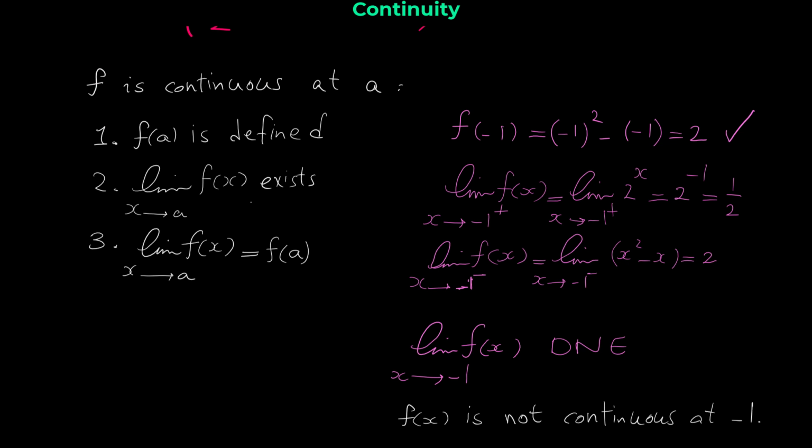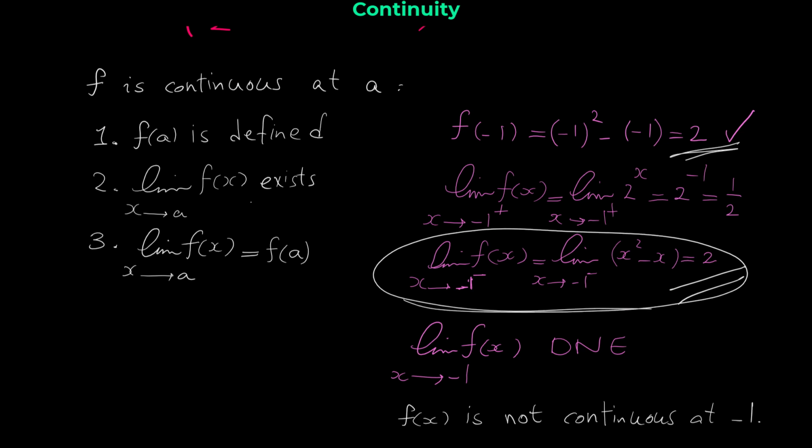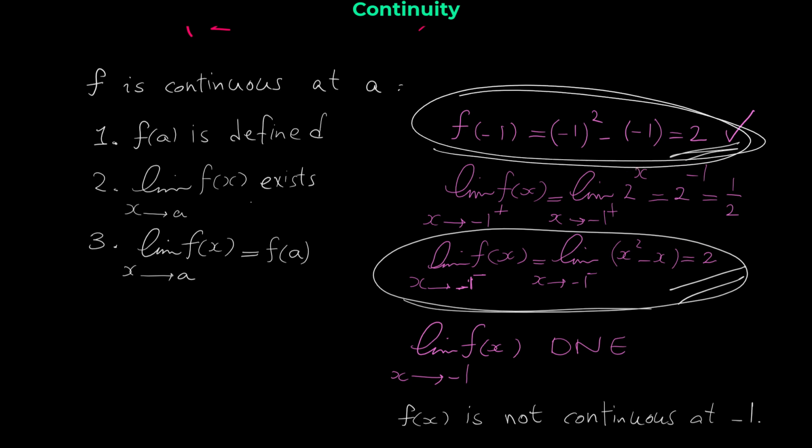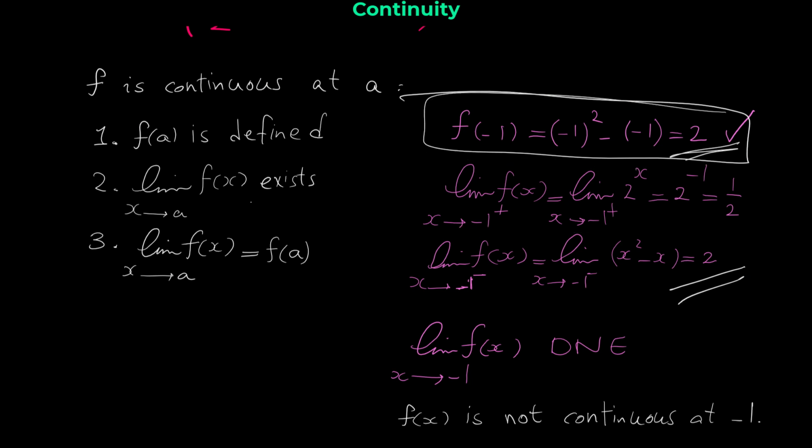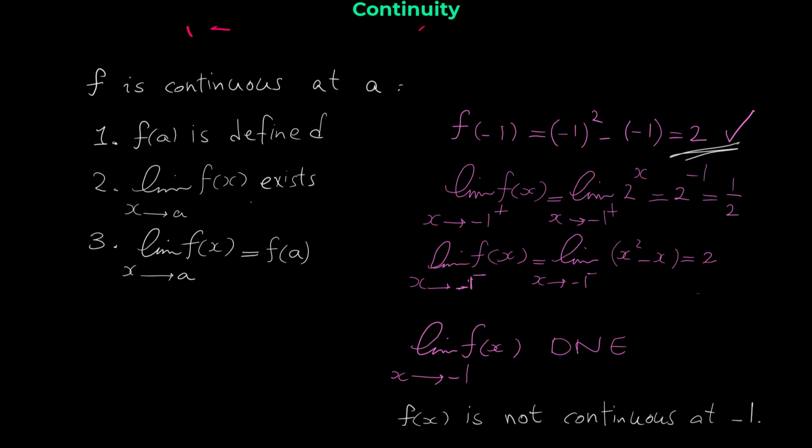But before I show you the next example, let me tell you something. Attention to here and here. As you can see, the left limit of f of x when x approaches -1 is equal to the value of the function at -1. Because the left limit is equal to the value of the function at -1, it is true that f is not continuous, but we can say that f of x is continuous from the left.